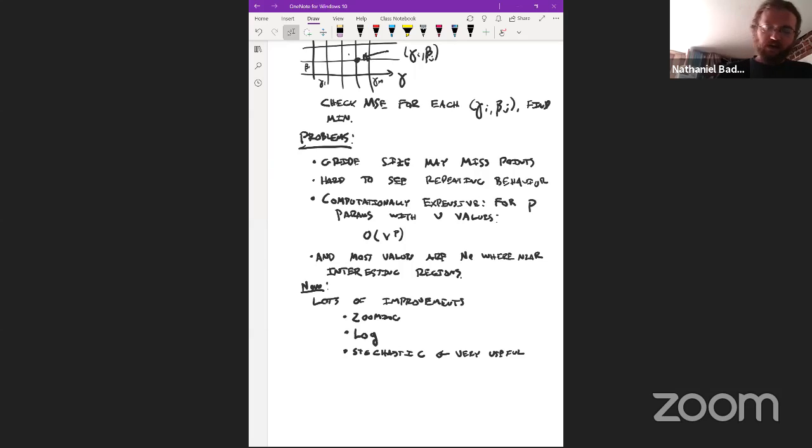In general, it can be useful. And another one, it works for non-smooth, non-differentiable functions.